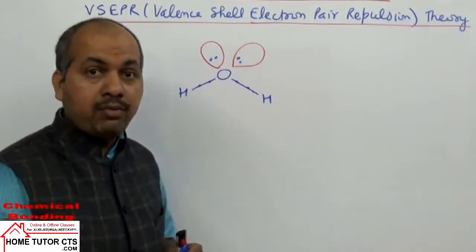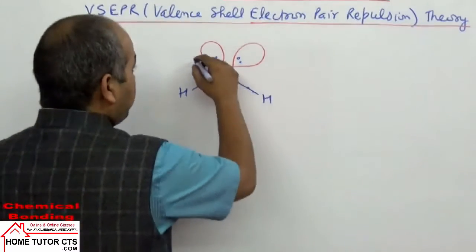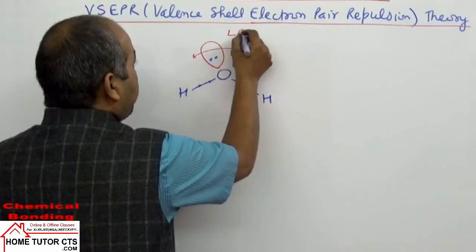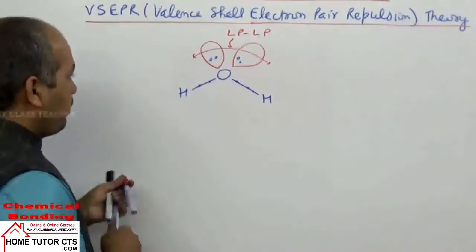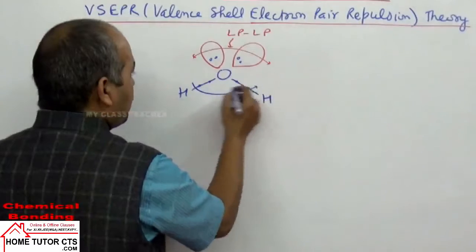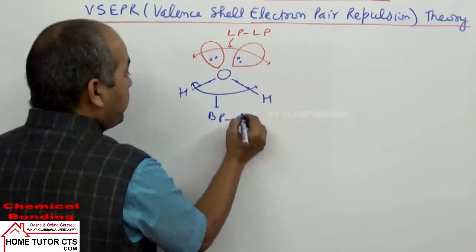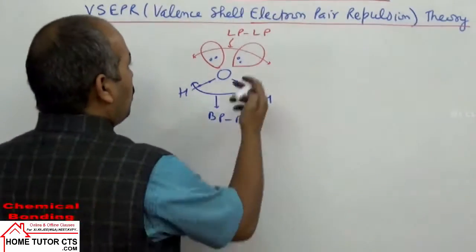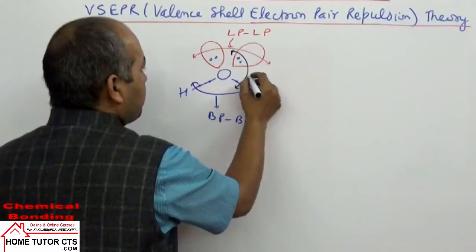So electrons in any form will have repulsion. What kind of repulsion can they have? One can be taken as lone pair-lone pair repulsion, second can be bond pair-bond pair repulsion, and third can be lone pair-bond pair repulsion.